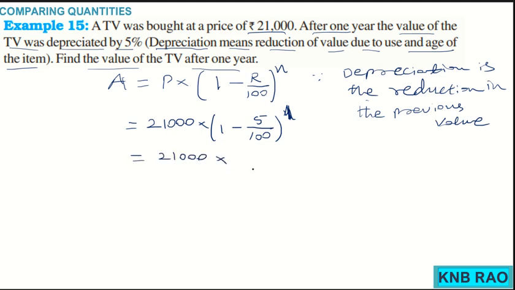So 21,000 into, after cancellation and all, it gives you 19 by 20, the 0 cancels.